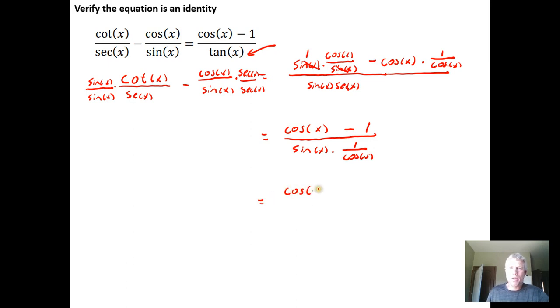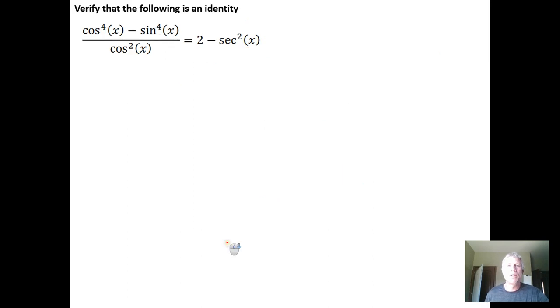So we have a numerator of cosine x minus 1 over, and now we want to recognize that we have sine over cosine, which is just the tangent function, which is what we needed to show. We needed to show that we could manipulate the left-hand side so that it looked like the right-hand side.